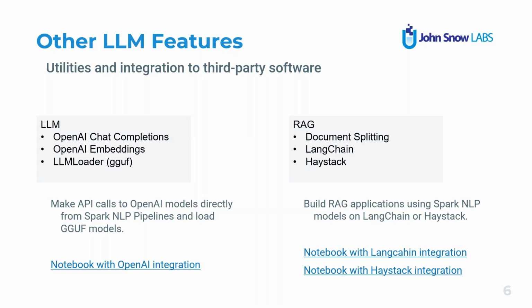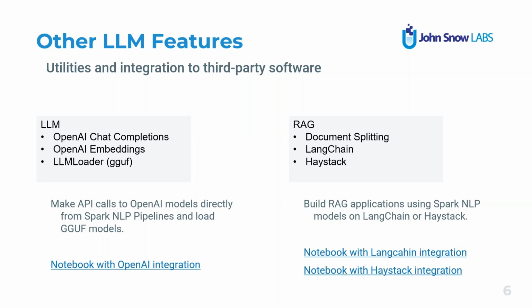We also have a few features that we can use when building RAG applications. We can split documents similar to how LangChain does, either by number of characters or by some other rules that we want to apply to the text.